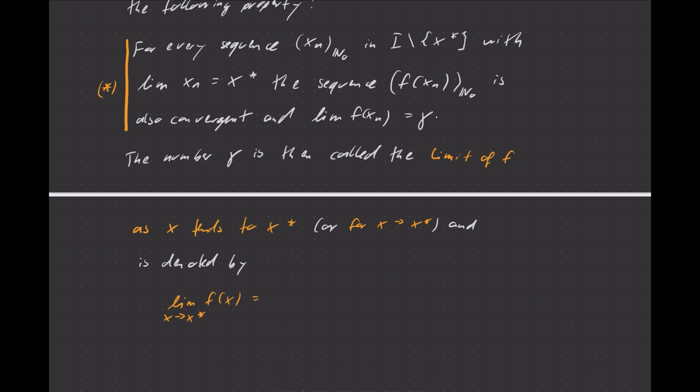So this is gamma, or there is an alternative notation that you can also use. You often write f of x tends to gamma as x tends to x star in that way here.